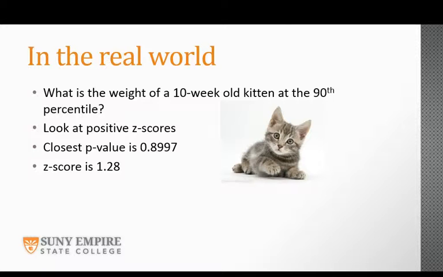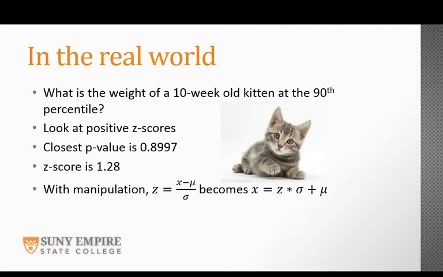However, we want to find the actual weight, not just the z-score. Recall that the formula for normalizing a value is z equals the quantity of x minus the mean mu divided by sigma, the standard deviation. Multiplying by sigma on both sides of the equation, then adding mu, we find that x equals the z-score multiplied by the standard deviation plus the mean.